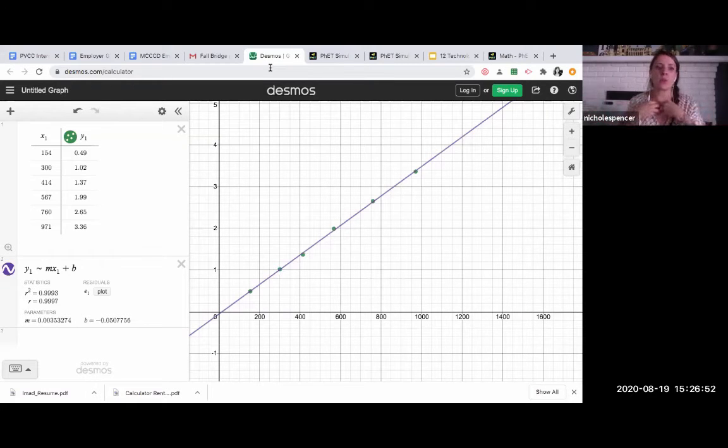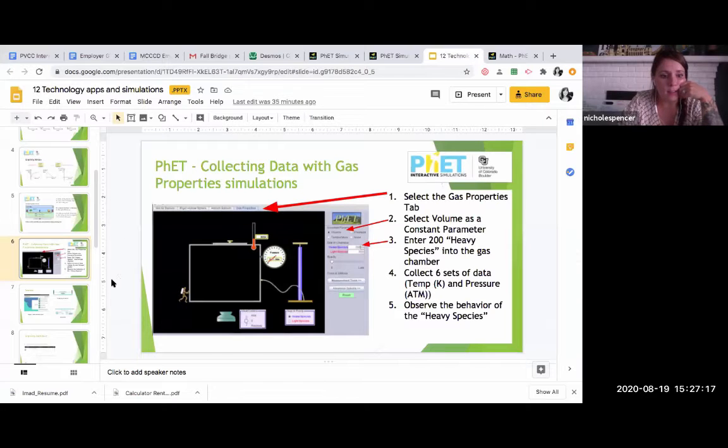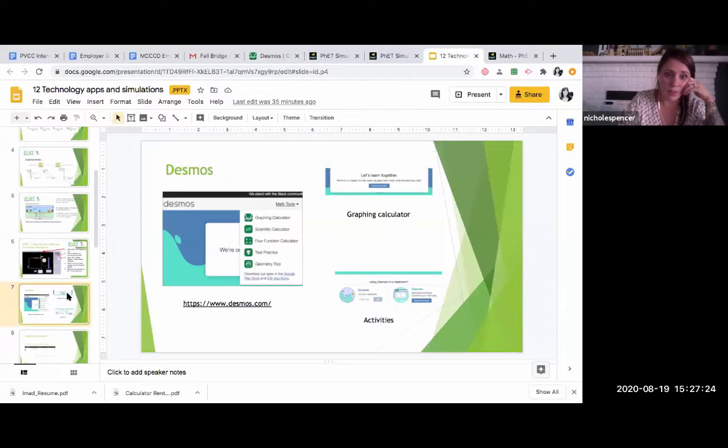So it was a real eye opener for me of what a great connection you can make for students by attaching it to something like gas laws or position in time or whatever you can experiment with. But other than that, that's what I have for you for PhET. But we can have a nice little segue into Desmos.